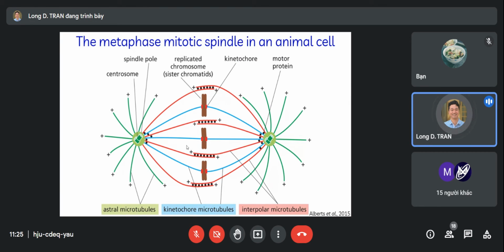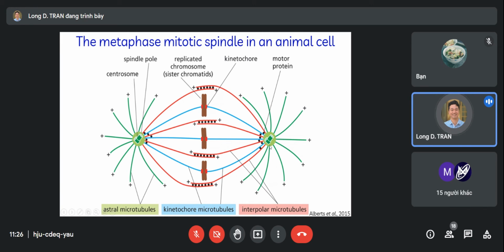The microtubule, dynein and kinesin are involved in the formation of microtubule spindles as well as the separation of chromosomes during cell division. So microtubules from the mitotic spindle can be divided into three types. One is astral microtubule, the microtubule which originates from the centrosome and usually contacts the cell membrane.